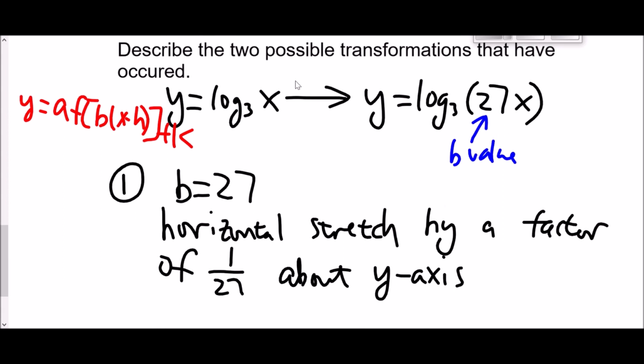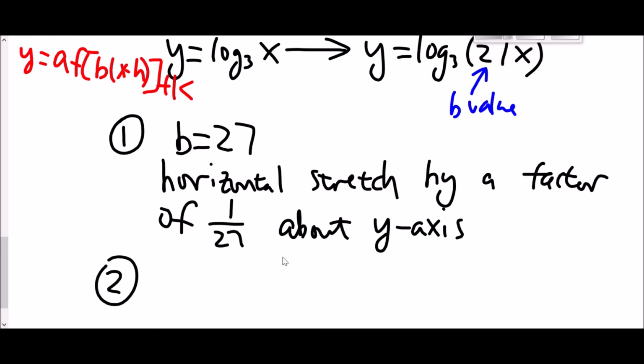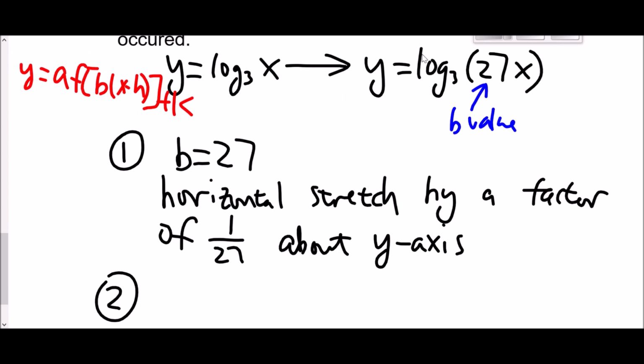So what is the other transformation? So you might want to think about what you learned today. Maybe the product law. So if you have no clue, then never mind, I'll quickly write it out for you. So if you look at this, let's rewrite that. Y equals log base 3 of 27x.